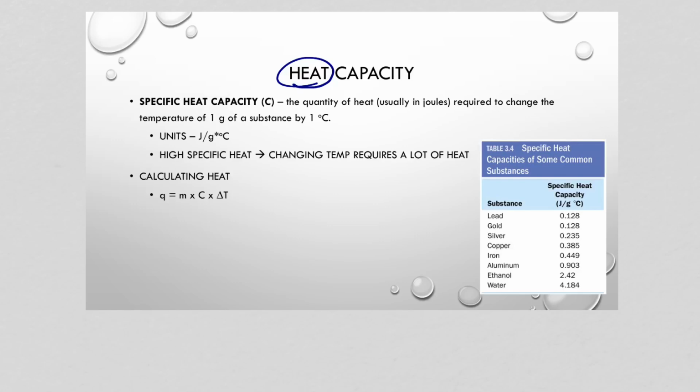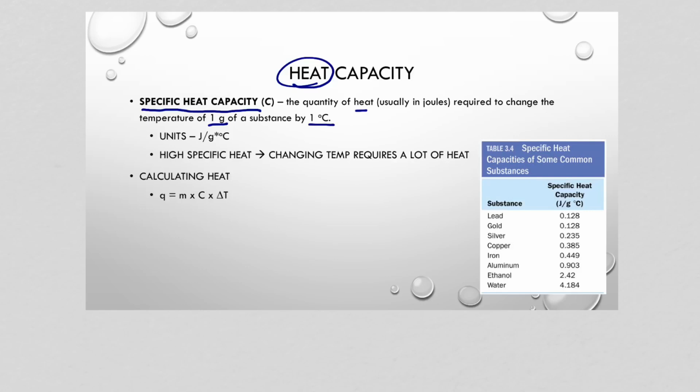Now, before we can jump right in to calculate that heat, we need to introduce another concept, and that is something called the specific heat capacity of a material. So this is a property of a material, sort of like density, right? This is a physical property of a material, and it is the quantity of heat, typically expressed in joules, sometimes calories, needed to change the temperature of 1 gram by 1 degree Celsius.